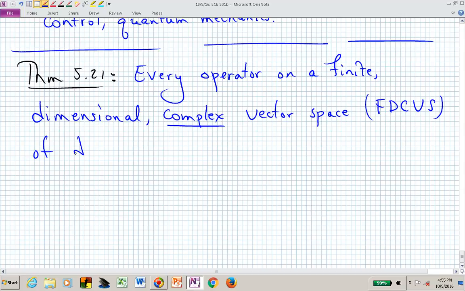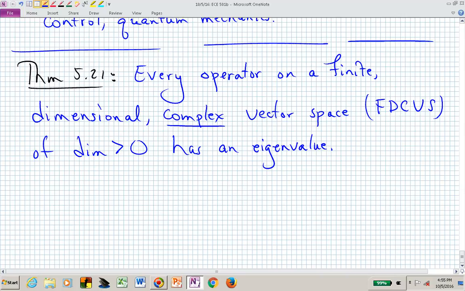Thought maybe I was completely losing it, but of a non-zero dimension is what I should say, because I've already said the finite. So every operator on a finite dimensional complex vector space that's non-zero has an eigenvalue.